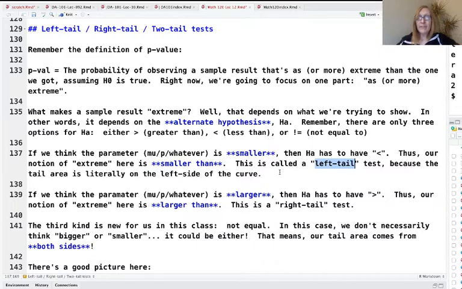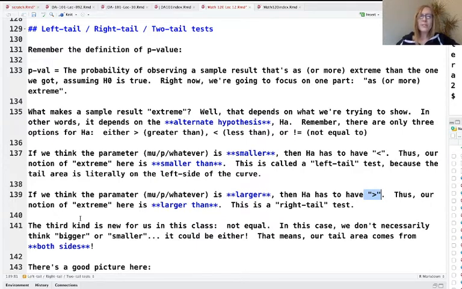We're going to get convinced by a small sample result. On the other hand, if we've got greater than in the alternate hypothesis, then that means our notion of extreme is larger. We're looking for a big sample result in order to convince us that we're correct. That's a right-tail test.